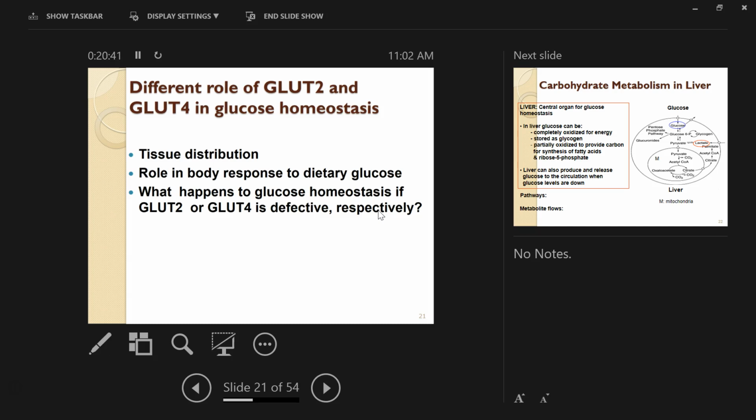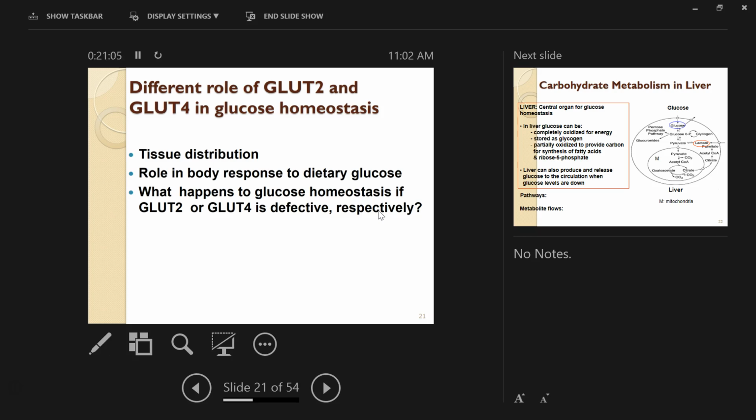Yeah. So in type 1 diabetics, do they lack the capability of making GLUT2? That's a great question. It's actually not very clear what the cause of type 1 is. Basically, in type 1 diabetes the beta cell cannot produce enough insulin, right?